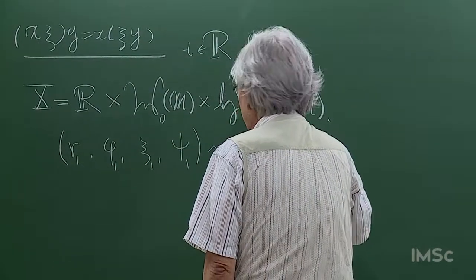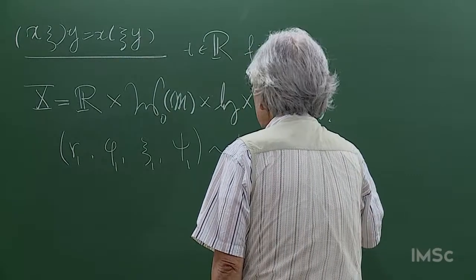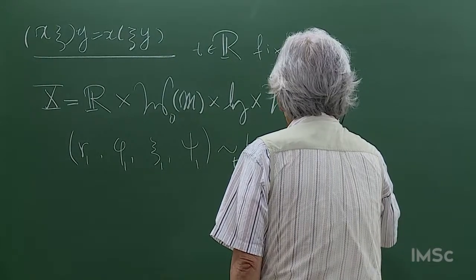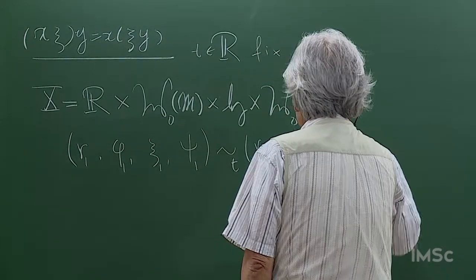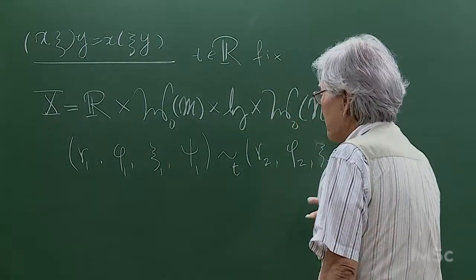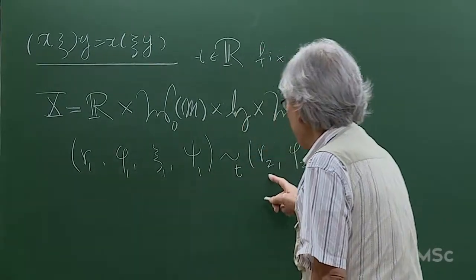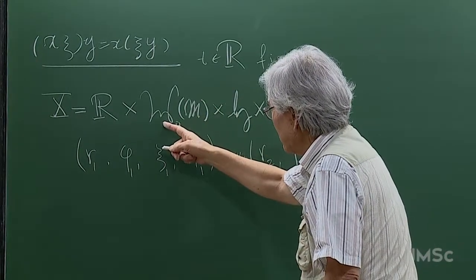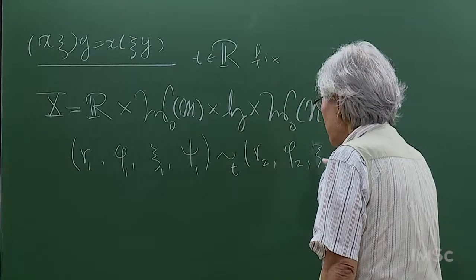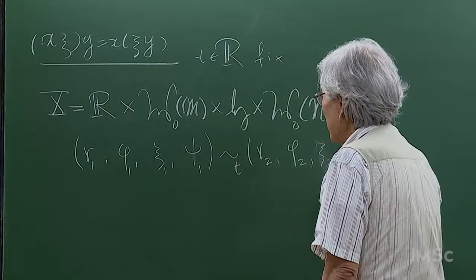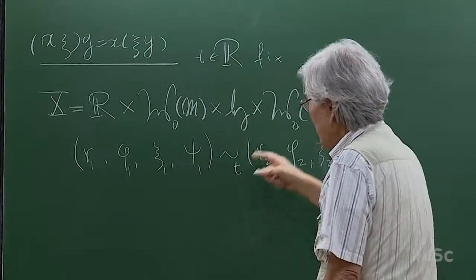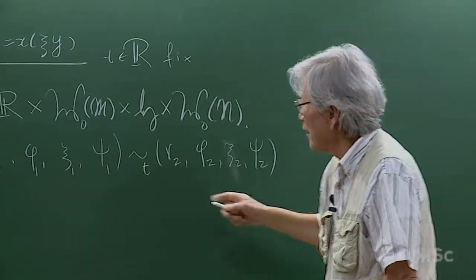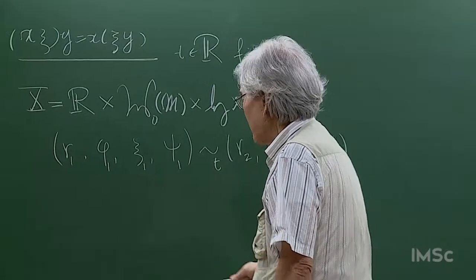R1, phi 1, xi 1, psi 1 is equivalent to R2, phi 2, xi 2, psi 2. The membership: R1, R2 are real numbers, phi 1, phi 2 are faithful semi-finite normal weights on M, xi 1, xi 2 are elements in H, and psi 1, psi 2 are weights on N. The relation is the following.